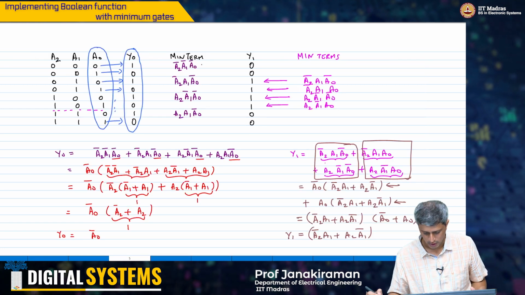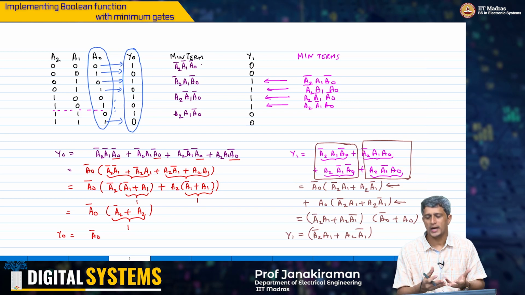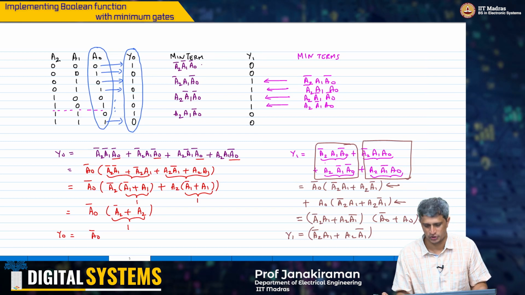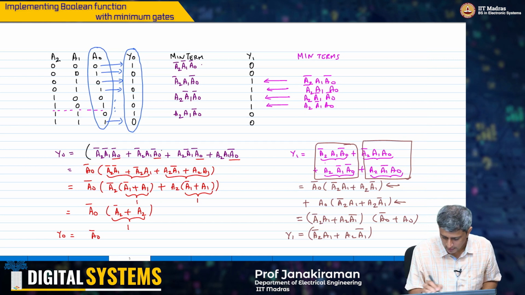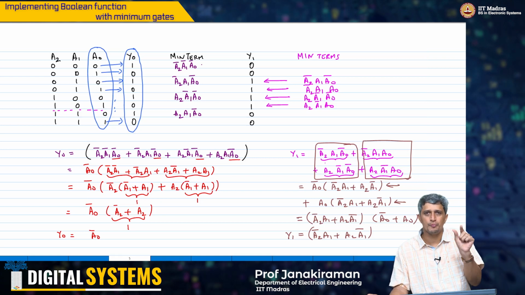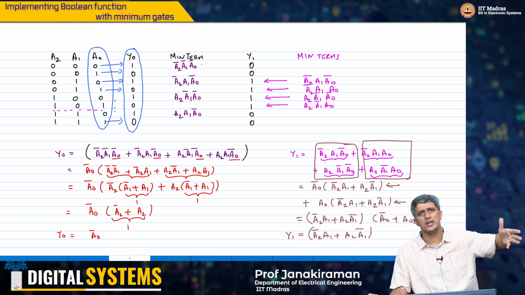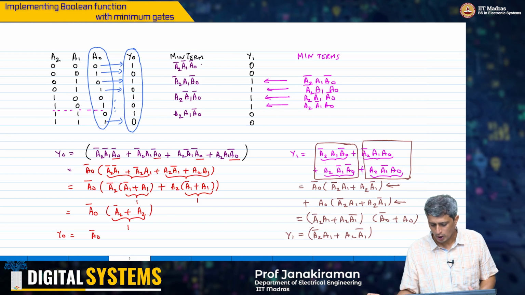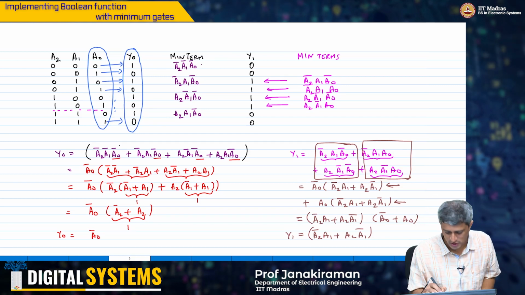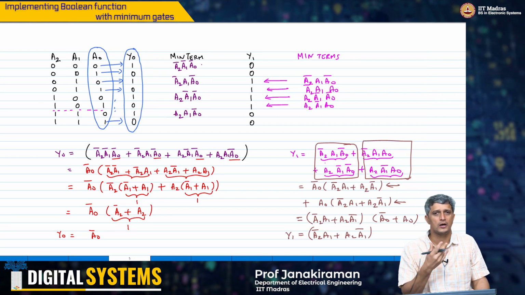So first we will not look at the Boolean simplification as such. Let us look at just the sum of products term that we wrote. Essentially, each minterm is a product of either the true or the complement form of every input. So each minterm is going to be an AND of something.